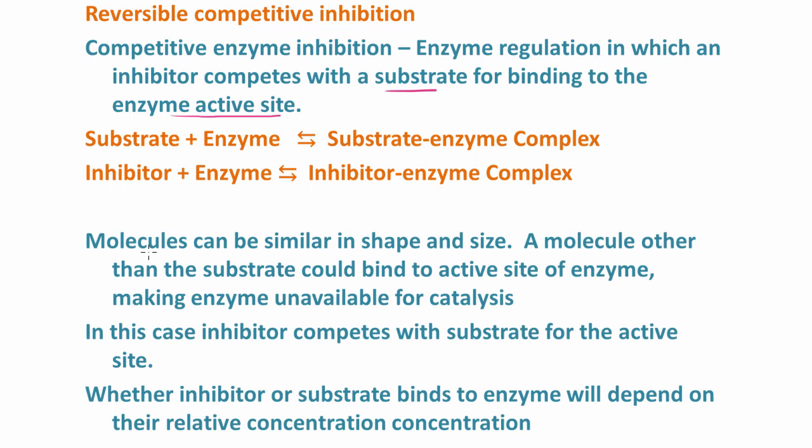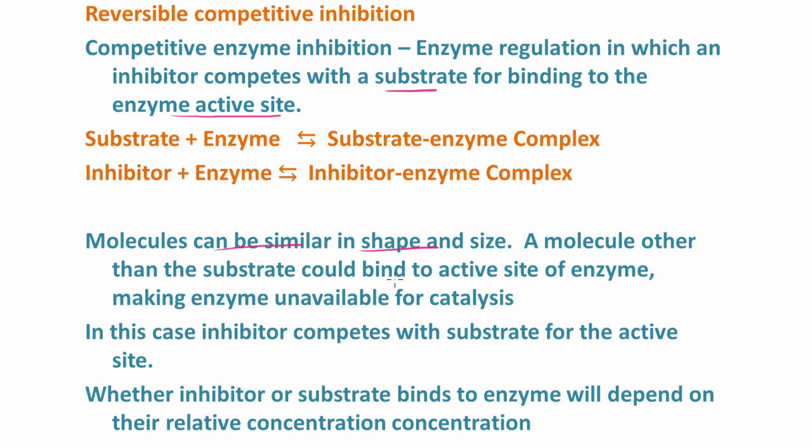So this is usually when molecules are similar in shape and size. What this means is a molecule other than the substrate can bind to the active site of the enzyme, which makes the enzyme unavailable for catalysis.